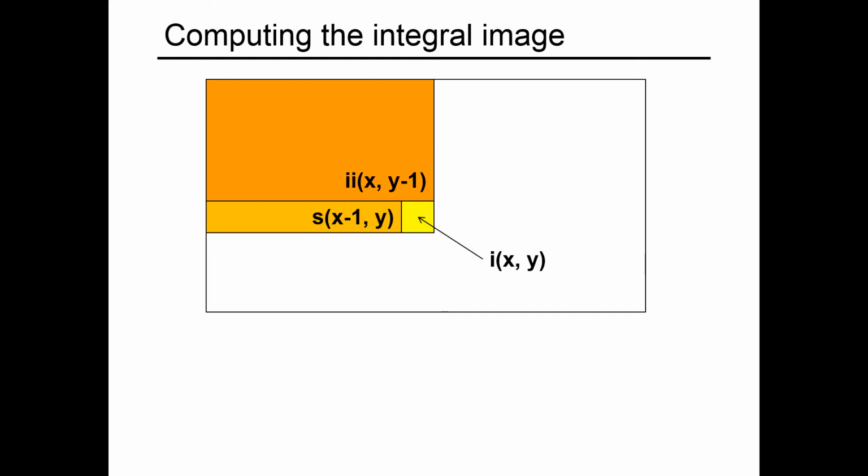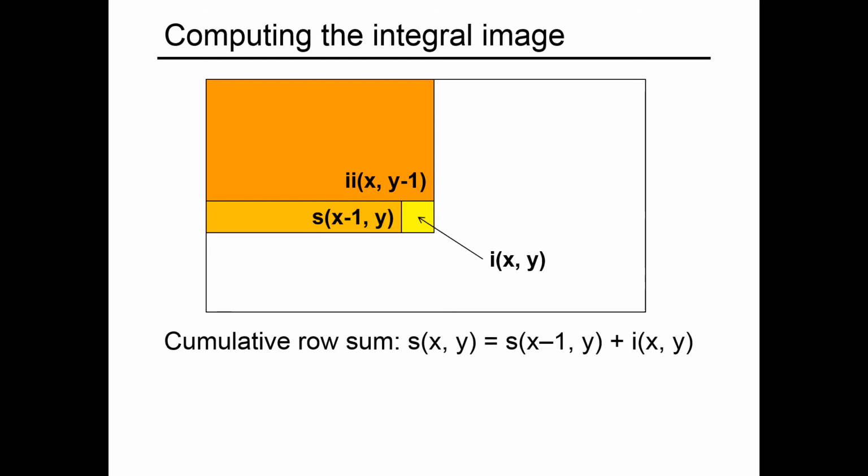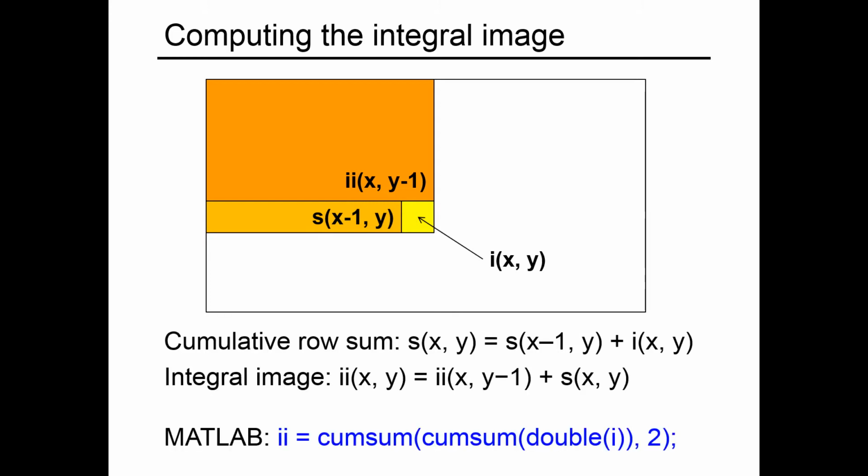And of course, this can be computed pretty quickly. Actually, in MATLAB, you can compute that with just one line using the cumsum command here, and you will be able to compute that really quickly.